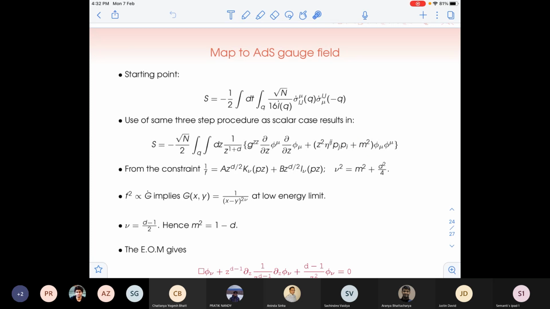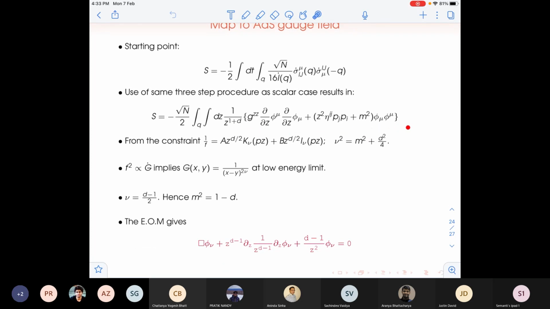It is fixed the same way: we started with a boundary current, so we know the Green's function of the boundary current. From that we can fix the form of f in the low energy limit, and from that we find m square, which comes out to be 1 by d. If you find the equation of motion from this scalar field, you get what Chapter et al. derived in their 2012 paper. It is the same thing.